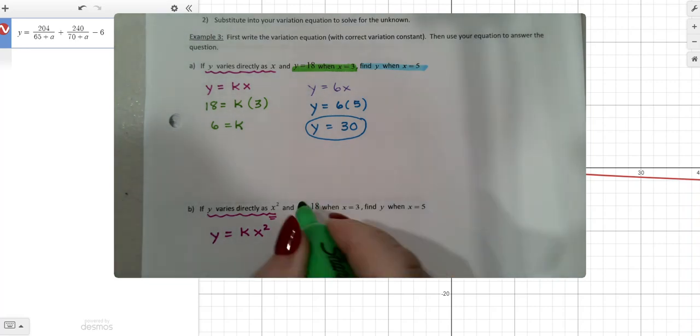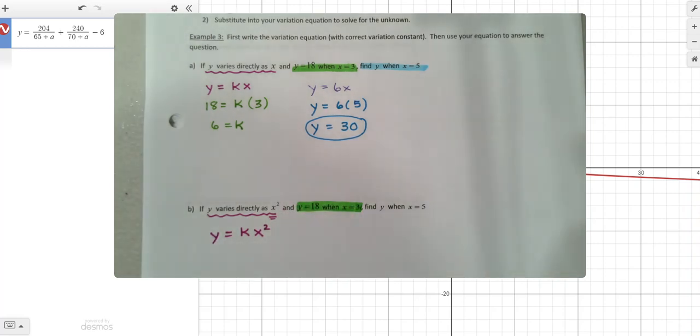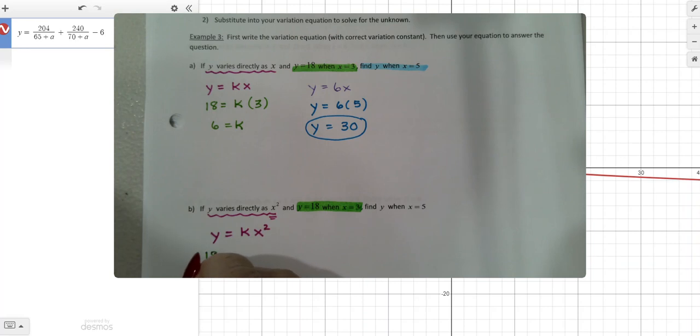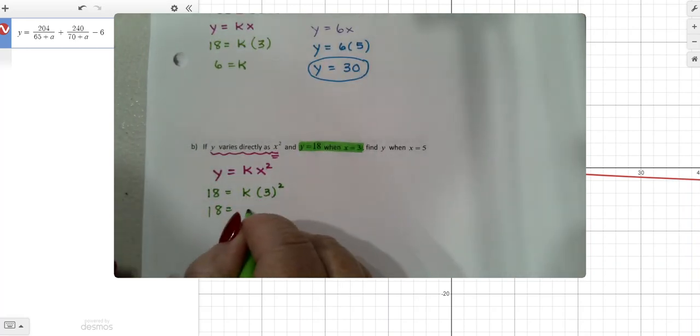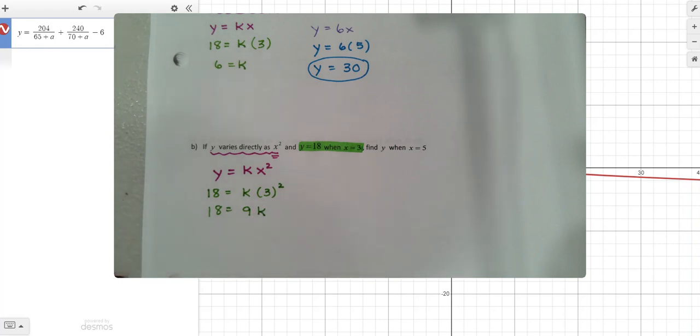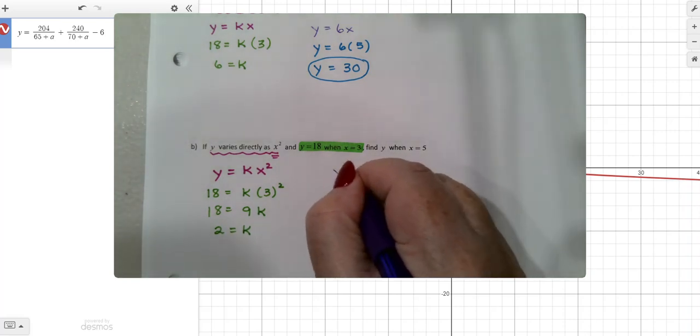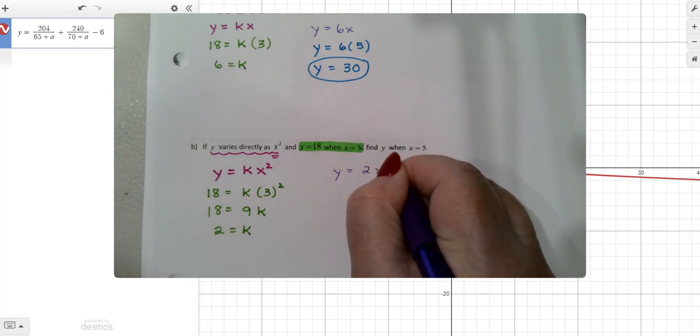All right, I basically have the same information to work with here. Y is equal to 18 when x is equal to 3, so let's plug that in. So I have 18 equals 9 times k. And so dividing by the 9, this time I get a k value of 2. So I now know that y is equal to 2 times x squared.